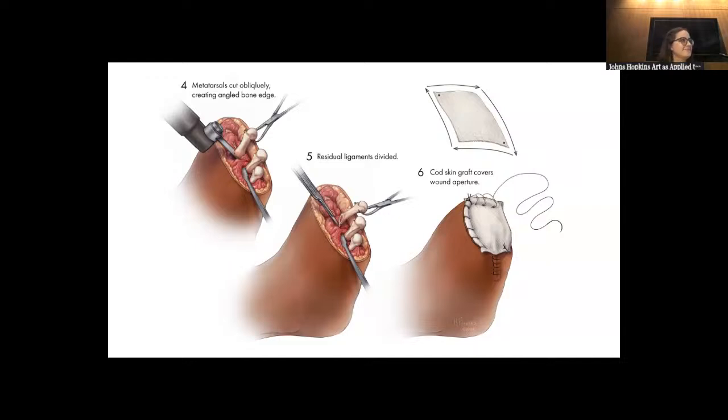Really enjoyed your sketches, they are just magnificent, and the final product. My question is actually about the cod skin. Do you know how long it takes for it to be epithelialized? I don't know the exact time scale.